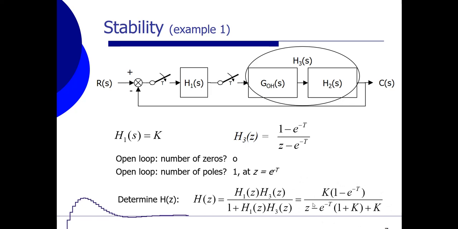And of course, when we want to look at the stability of a system, we have to look at the poles. So we have to set that denominator to 0, and then we get the location of the pole. And you can see that K is still a part of that expression, which is the proportional gain.